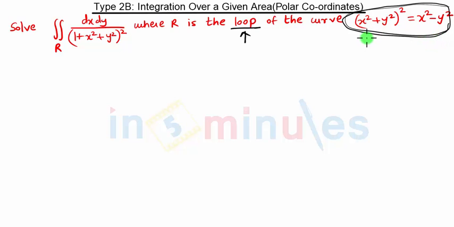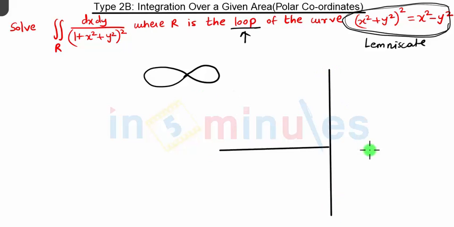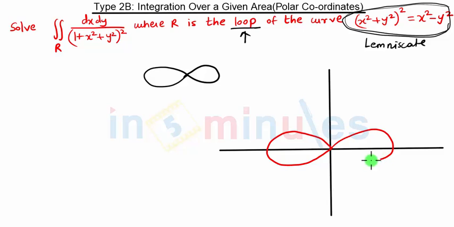This curve is a lemniscate. A lemniscate is a two-loop curve, something like an infinity sign. So we are going to draw this curve neatly. The equation x square plus y square the whole square equal to x square minus y square is a lemniscate. So this is our lemniscate.